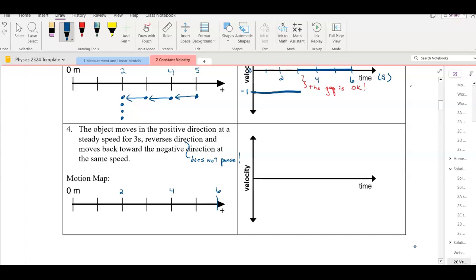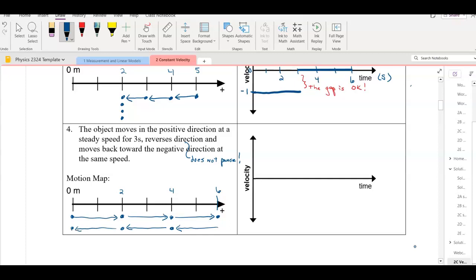Okay, so I'm going to have it start at position 0, and let's let it go at 2 meters per second for 3 seconds. So I get longer velocity vectors because it has a bigger speed. And then it does not pause, so I don't stack a dot at position 6, but it immediately turns around and starts coming back at the same speed in the negative direction.